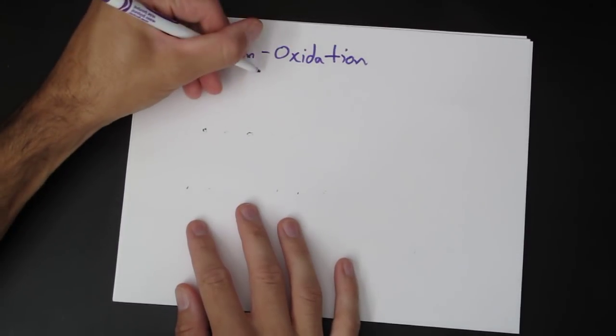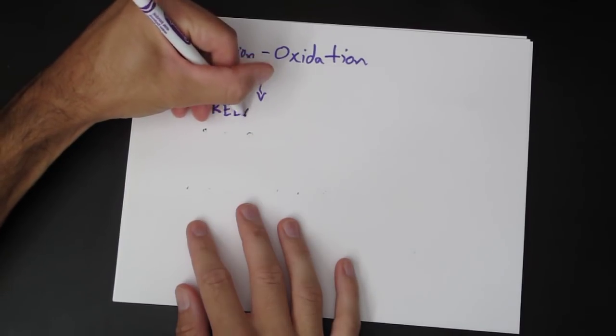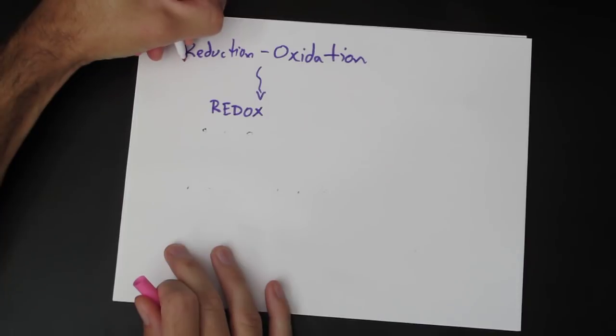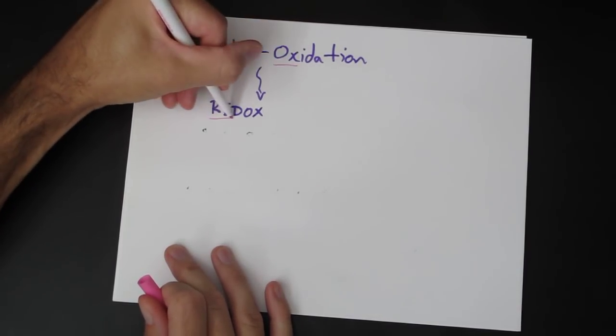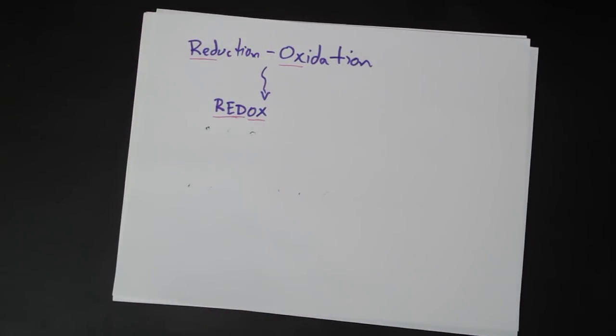Reduction, oxidation reactions. When we mash up those terms, we call them redox, right? Those are redox reactions, and they're always going to be coupled with each other. What we're doing here is we're taking the beginning of the term reduction, the beginning of the term oxidation, and we're adding them together to make redox. And that's what we have happening here.